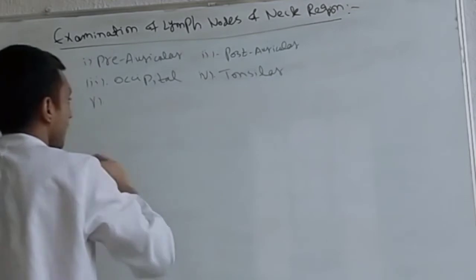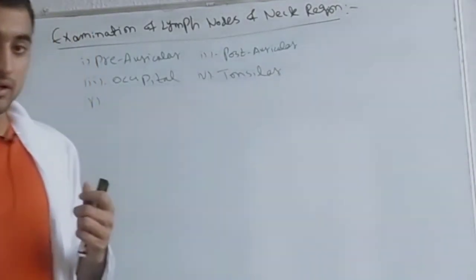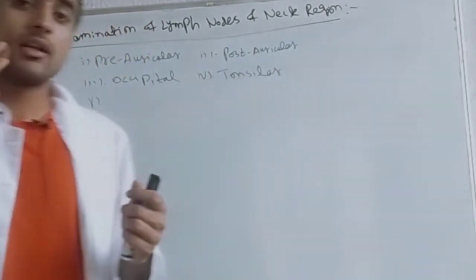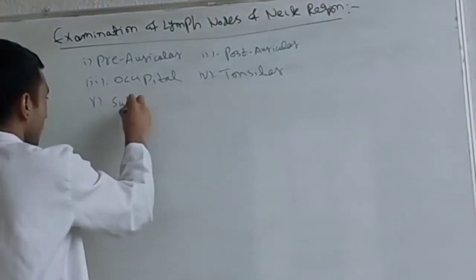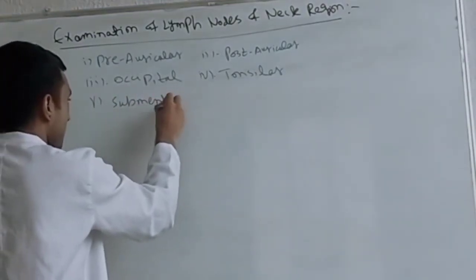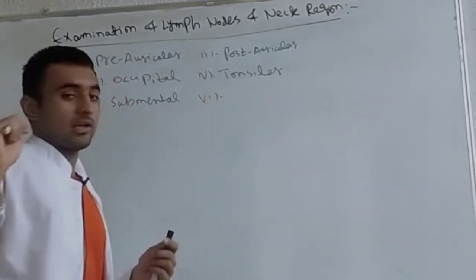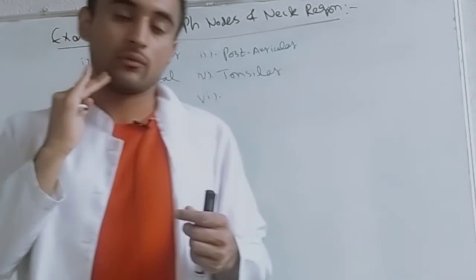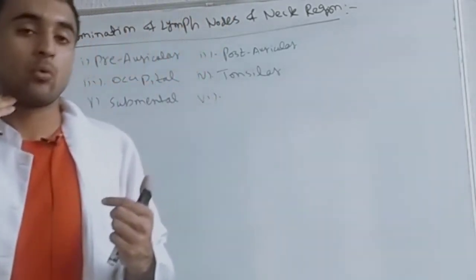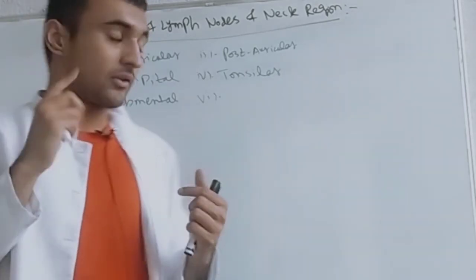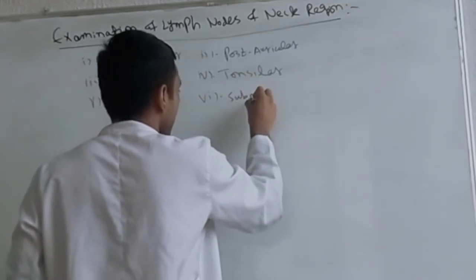After the tonsillar lymph node, there is a lymph node in the submental area. This is the submental lymph node. The sixth one is the submandibular lymph node. The mandibular bone constitutes our jaw, and beneath it the lymph node is present, known as the submandibular lymph node.